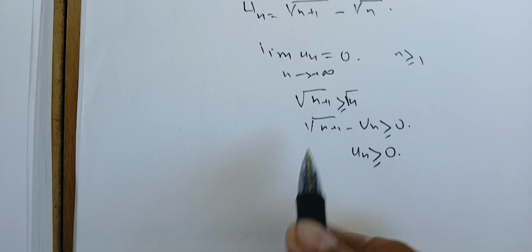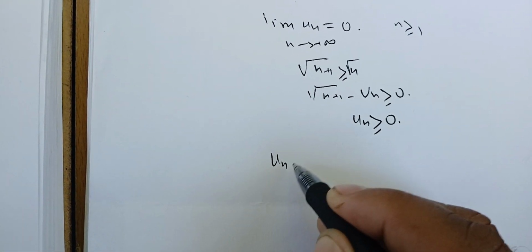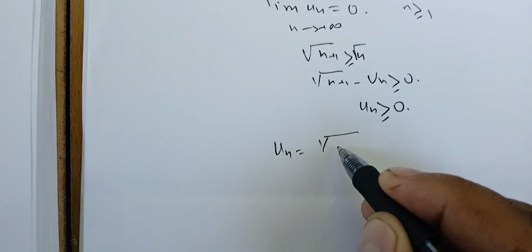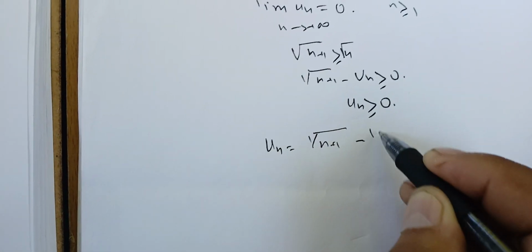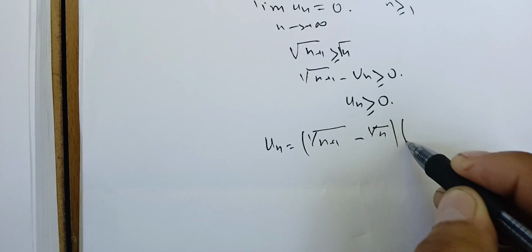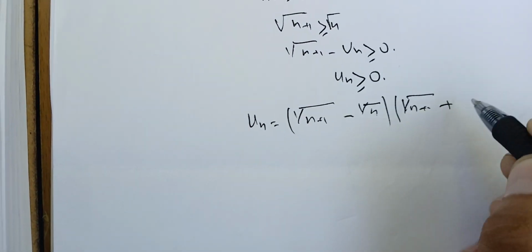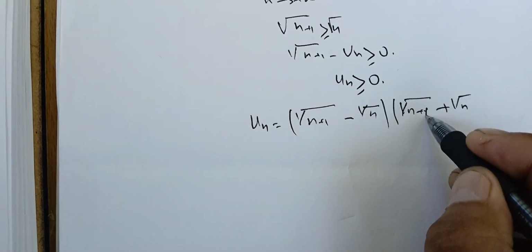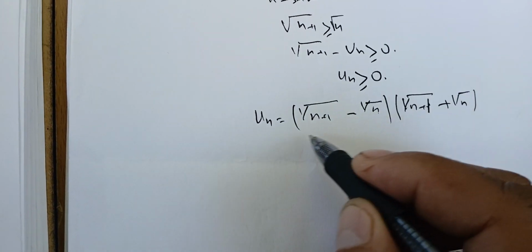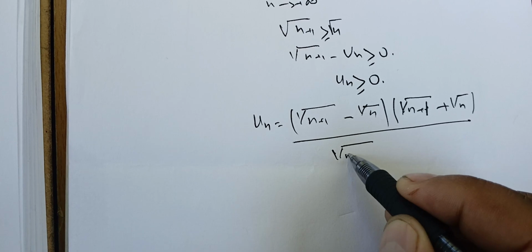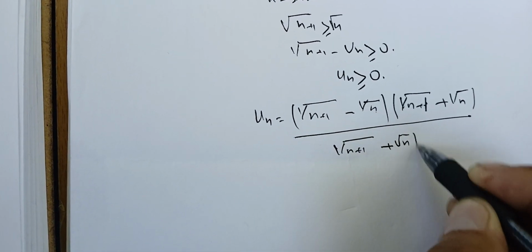for n bigger than 1, we can use the conjugate here in this case. So u_n is just the square root of n plus 1 minus the square root of n. We're going to multiply both top and bottom by the square root of n plus 1 plus the square root of n.